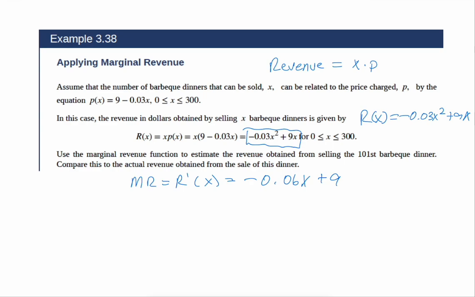So what we're going to do is plug in 101 into that. So if we plug 101 into that, we get $2.94.